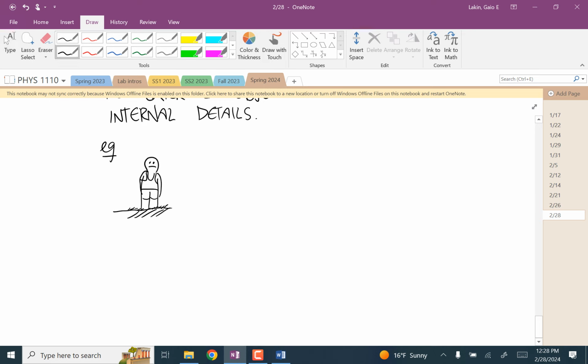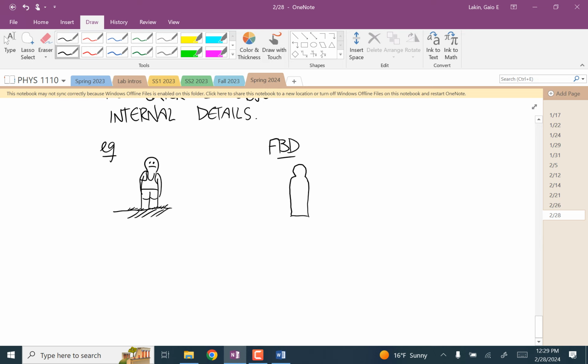So when you draw your free body diagram, if you're isolating the person, you draw something like this. You don't have to be artistic about it or anything, but it should be clear what is inside your boundary and what's outside your boundary. That's the important thing that we're showing here. What's included and what's excluded. Okay.